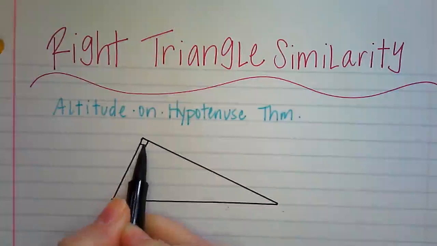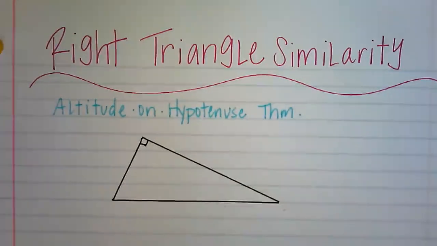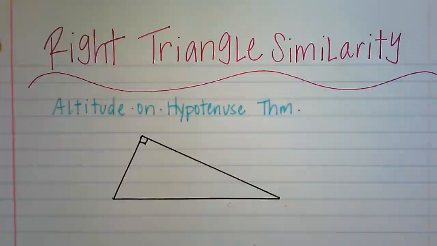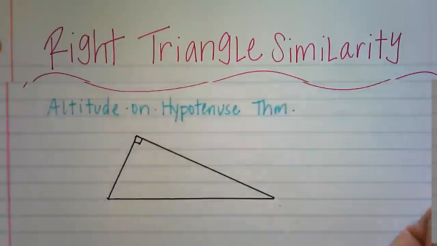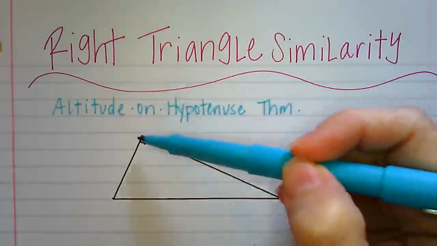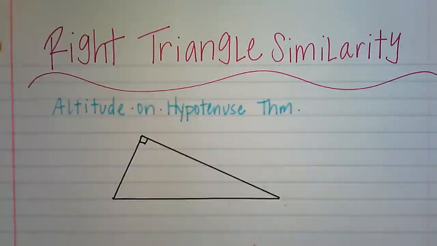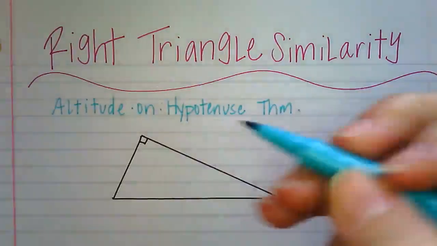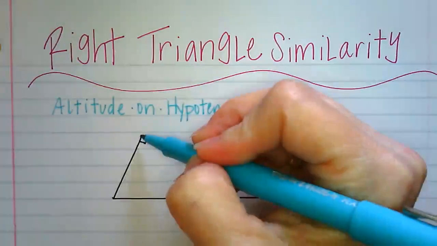Okay, so here's my right triangle right here. The altitude on hypotenuse theorem says that if I draw an altitude from the right angle to the hypotenuse, I am going to create 3 similar right triangles. First of all, altitude is height. So this is the highest point.